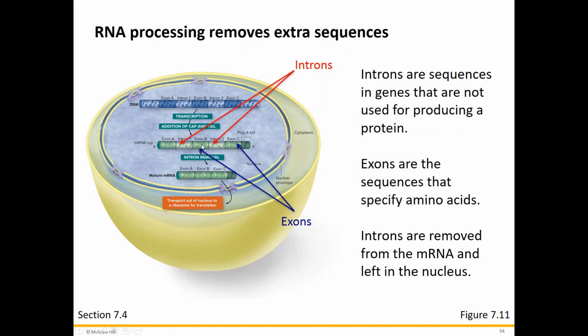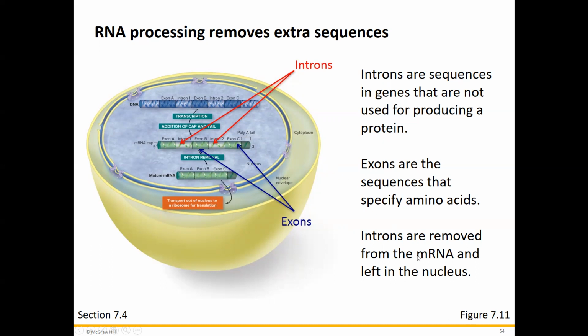So here's exon A, B, and C. These exons need to be put together, and that becomes the final messenger RNA. And they name it mature messenger RNA with its ABC. No introns are there. It's got its poly A tail and its little guanine cap.